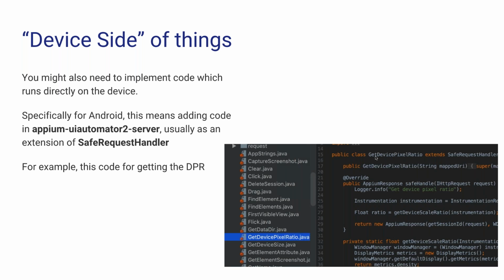If you have, let's say, a device with a device pixel ratio of 2, this means that even though, for example, its logical size is, I don't know, 600 over 800 or something like that, then the actual image you're going to receive would be 1200 over 1600.